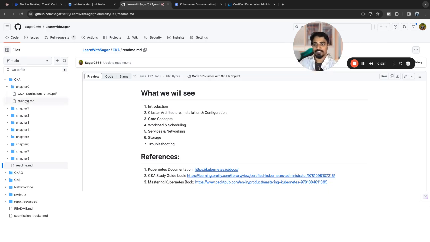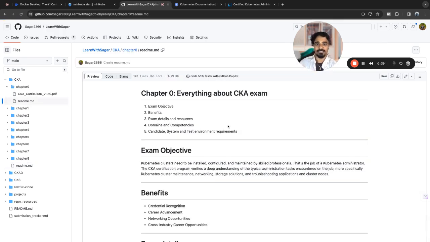Today we are going to see everything about the Kubernetes Administrator exam, the CKA exam. What is the objective of taking this exam? Why you should take this exam? The different domains and the weightage for each domain. So exam objective is very clear. You need to be able to install a Kubernetes cluster, configure it, and maintain it as a Kubernetes administrator.